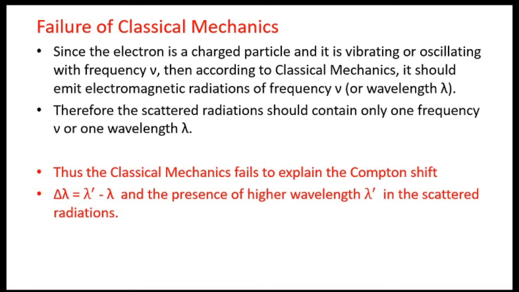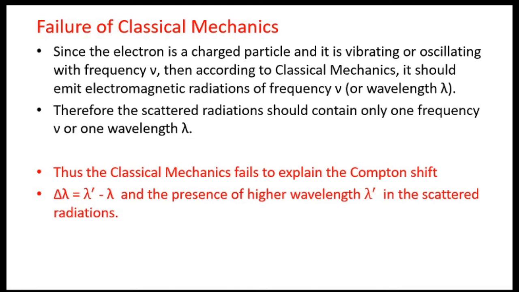So classical mechanics fails to explain the Compton effect, and hence the Compton shift could not be explained by classical mechanics. The presence of a higher wavelength in the scattered X-rays could not be explained by classical mechanics.